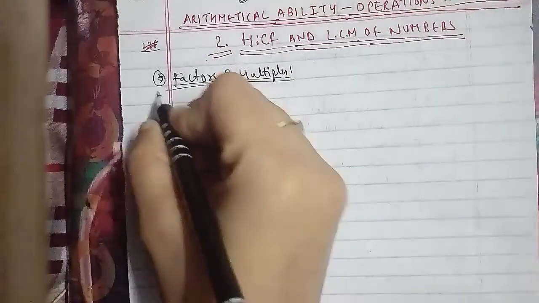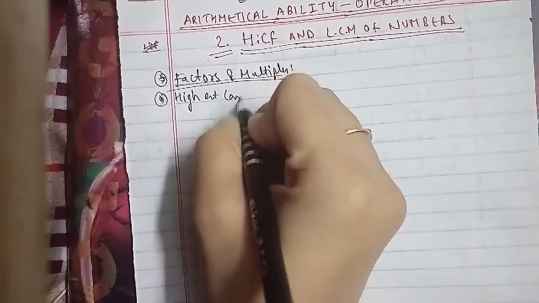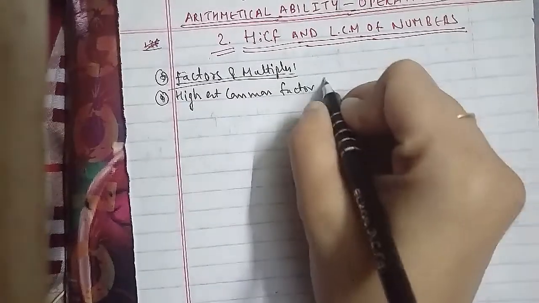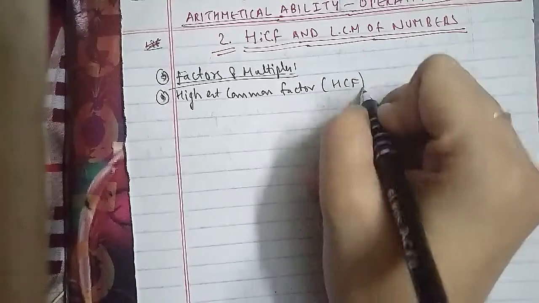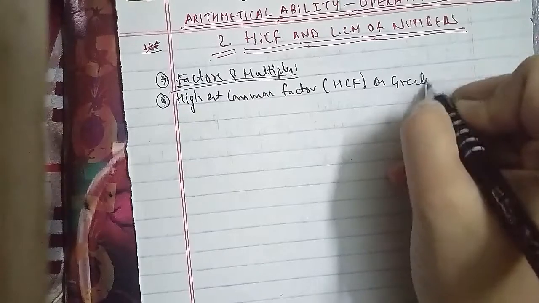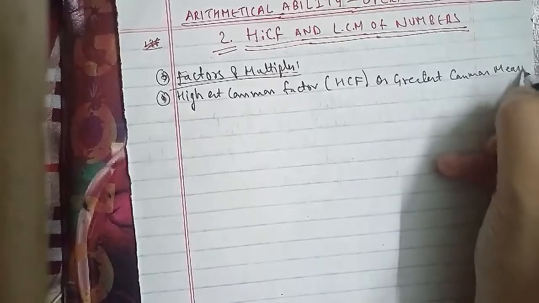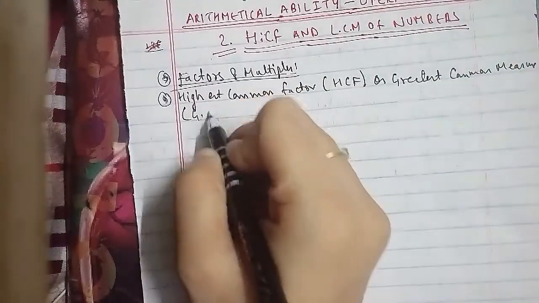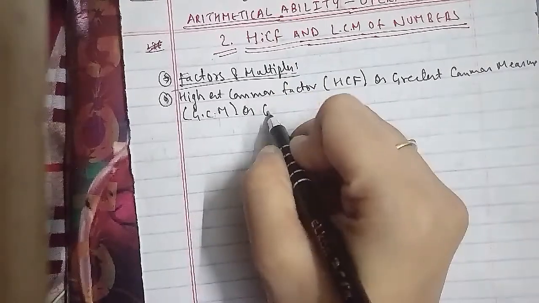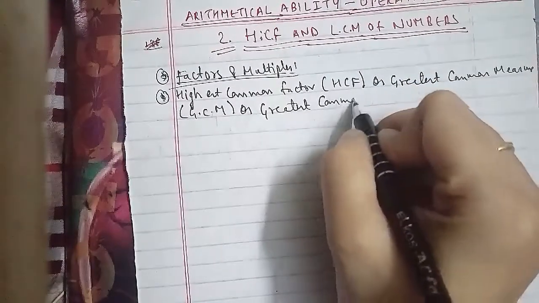HCF stands for highest common factor. It could be said as greatest common measure, which stands for GCM, or they can say greatest common divisor, which is GCD. तो वो आपसे किसी भी वर्ड्स में पूछ सकते हैं.